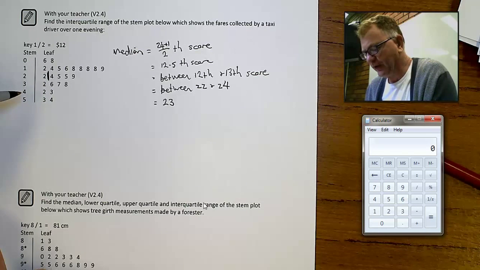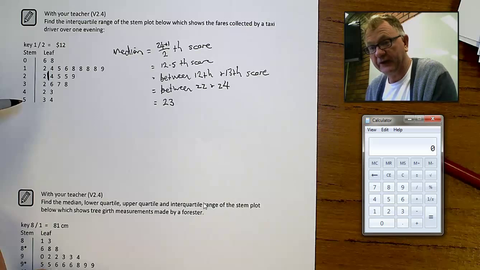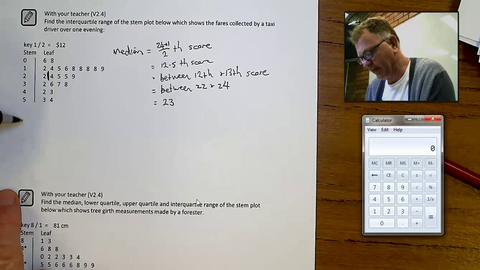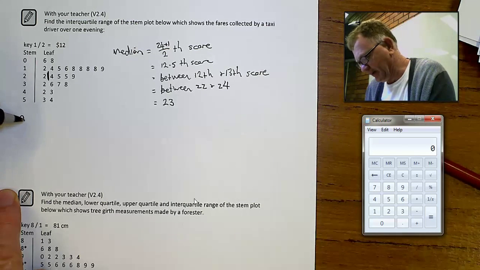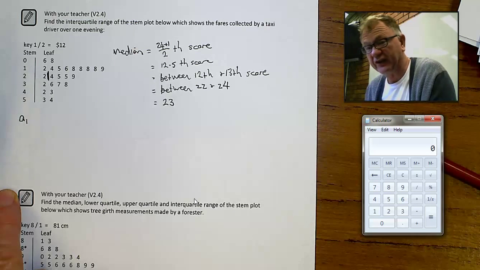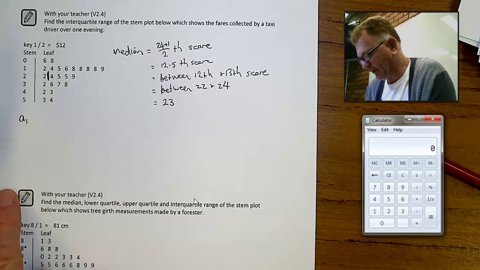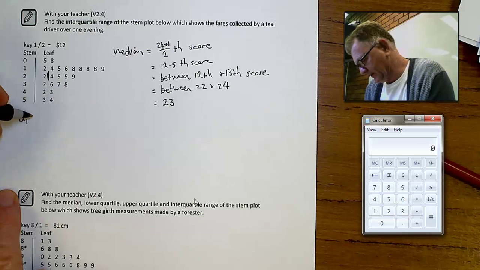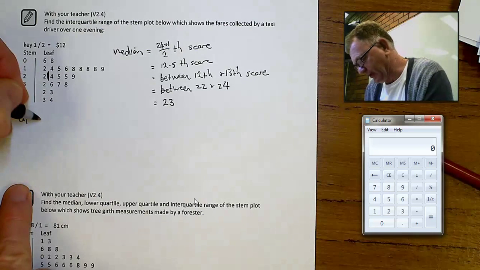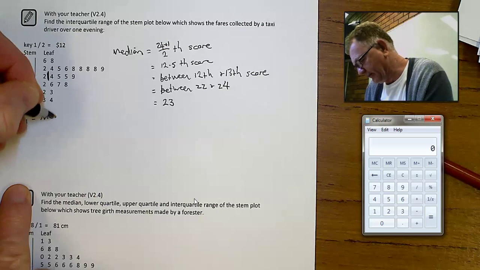Now the lower quartile is kind of like the median of the bottom half of the data. It's the middle number in the bottom half. So if we find out the median of the bottom half, we'll find the lower quartile. I'm using the symbol Q1 for lower quartile. You can also use LQ for lower quartile and UQ for upper quartile. Q1, lower quartile, is equal to the median of the bottom half.